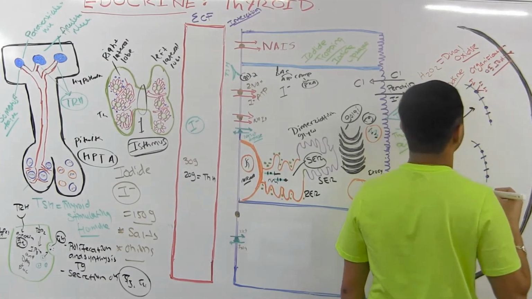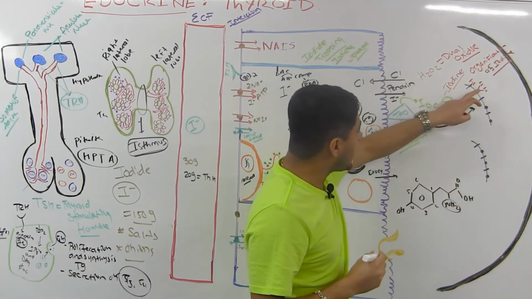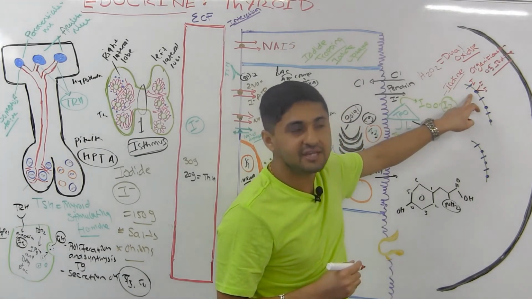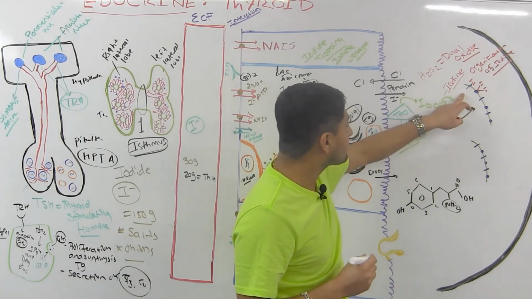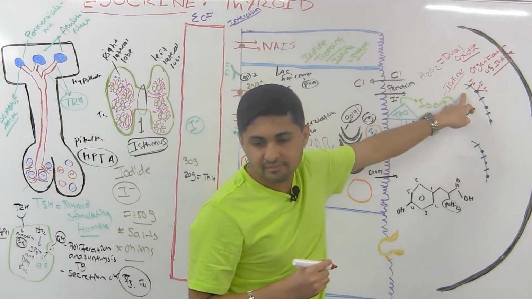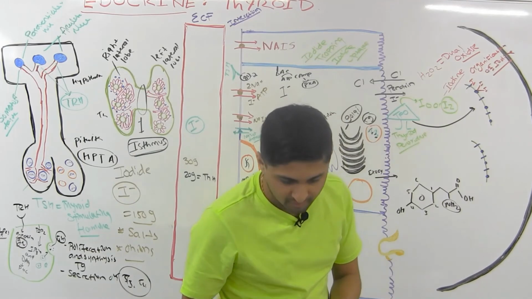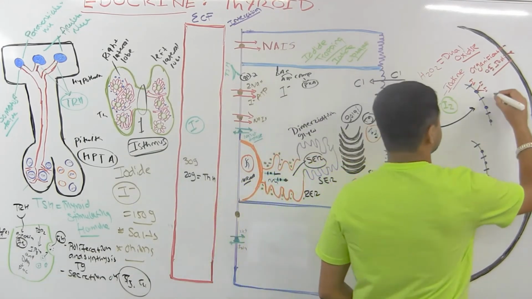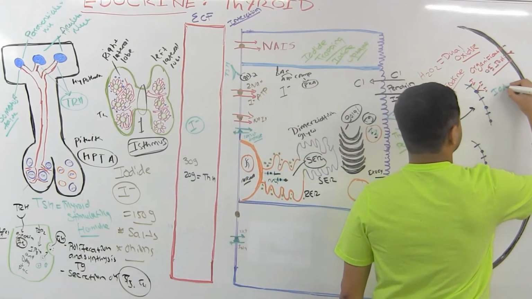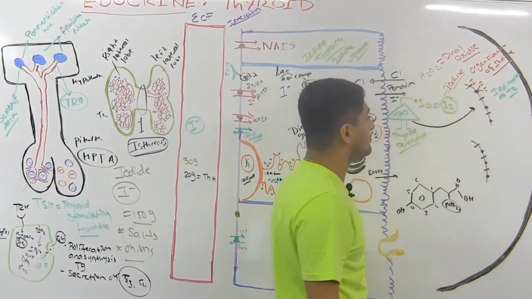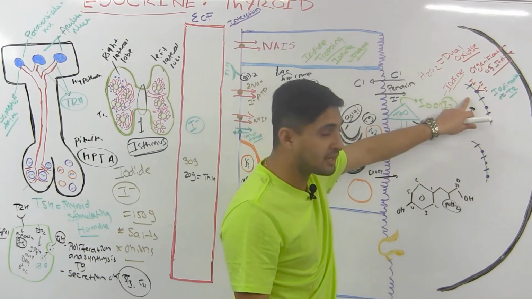That's what is happening. So this process of adding iodine into this tyrosine residue is so-called organification of iodine. Or you can simply say that it's iodination of the tyrosine residue. The tyrosine globulin residues. That's what they're doing.